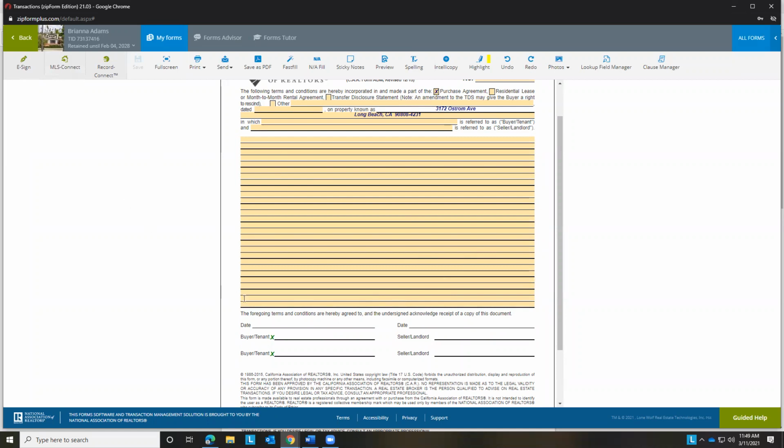So if you got a request for repair, Marcella, and they wrote 30 things on an addendum, do you want your seller signing this addendum that's saying that they agreed to everything on that list? No. No.